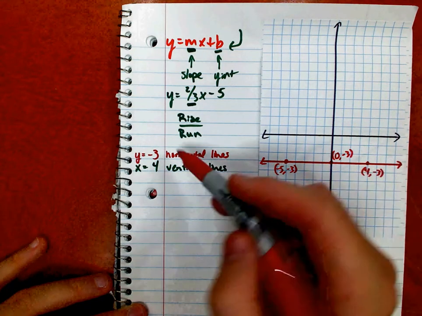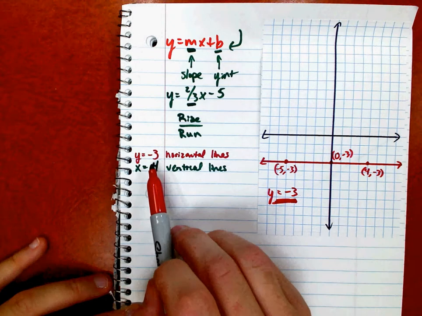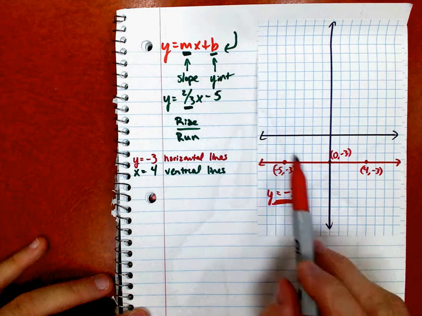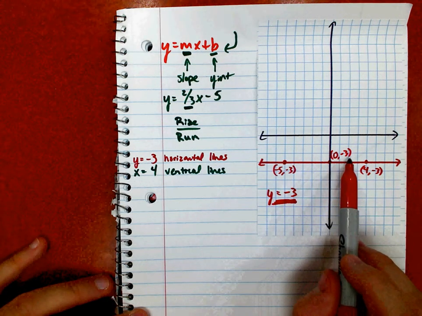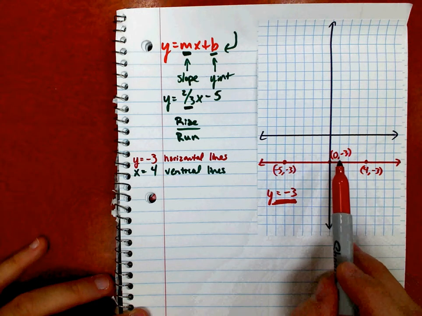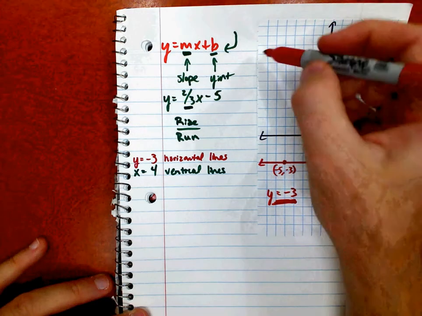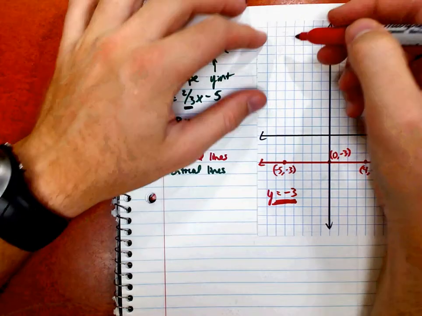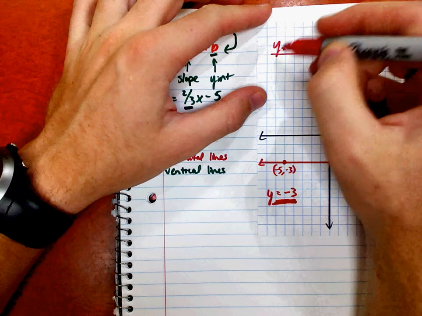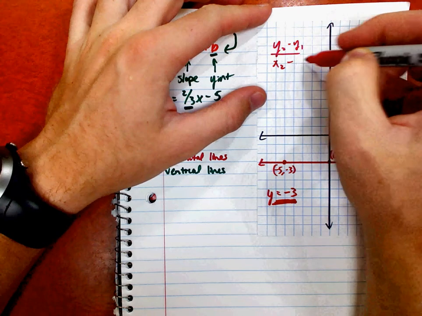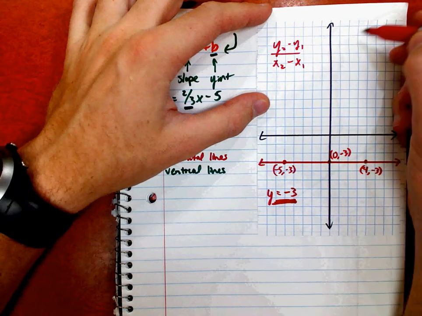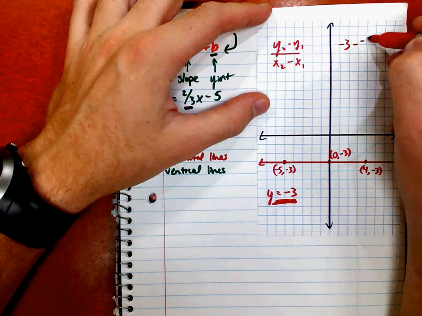Another reason for justifying why we're going to call this equation y equals -3 is because think about the slope and the y-intercept here. Obviously the y-intercept is -3. But what about the slope of this line? If I choose any 2 points on this line to determine the slope, look at what happens when you calculate that. If I want to find the change in y divided by the change in x, any point that I choose, the change in y is going to be -3 minus a -3.